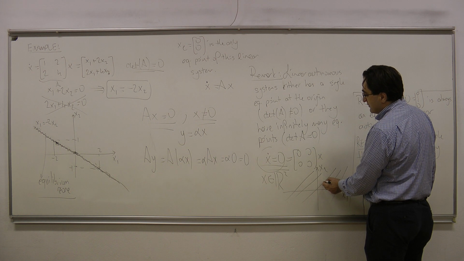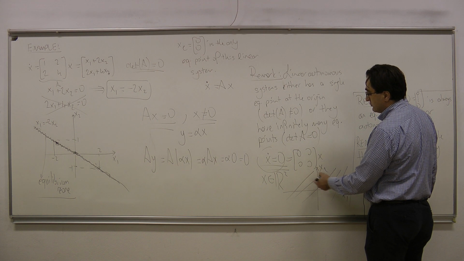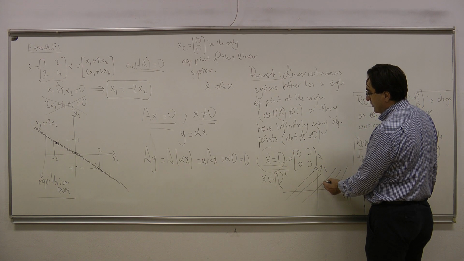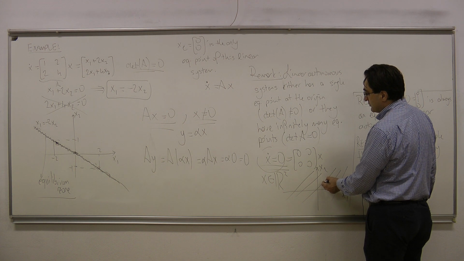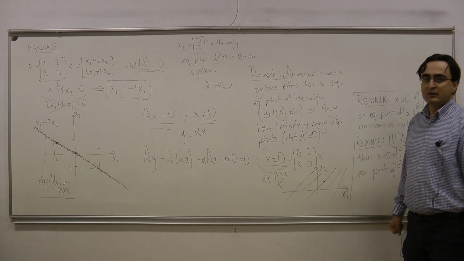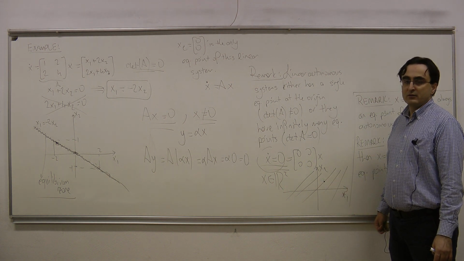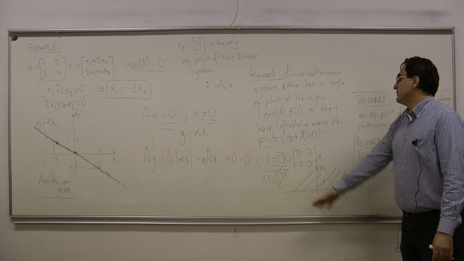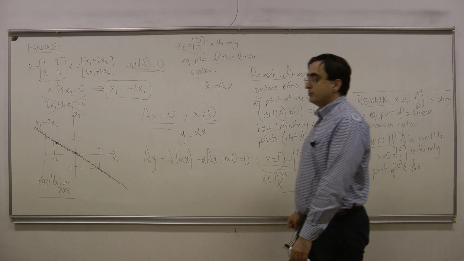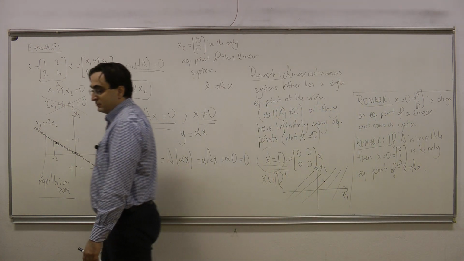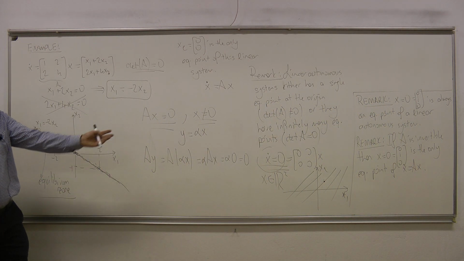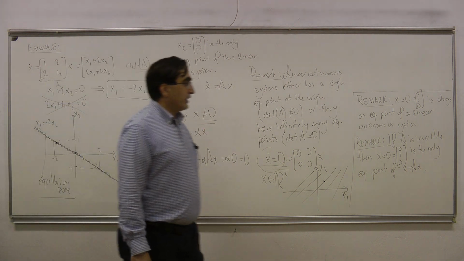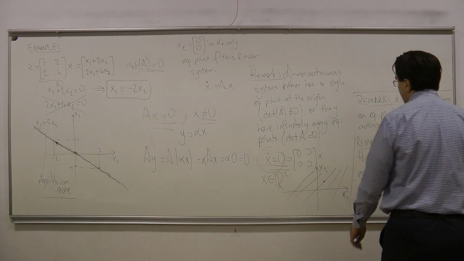That means that wherever in the state space, wherever in R2 I start this system, the system state would not move anywhere. It is going to remain where I started. So any point in R2 is an equilibrium point of the system. And here we see again that the determinant of A is equal to 0.